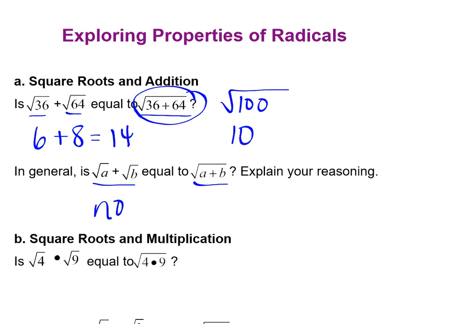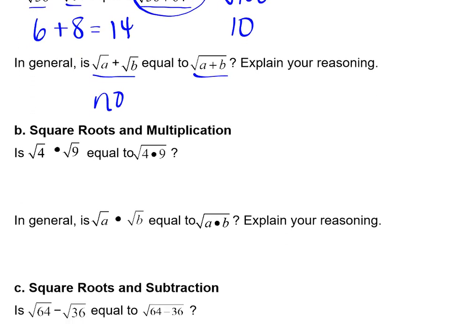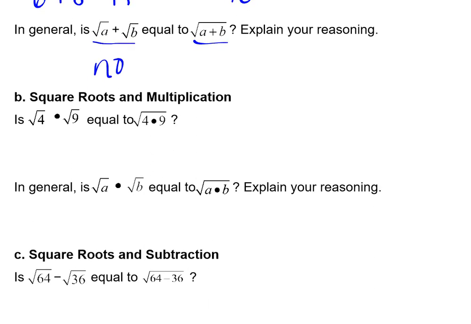Now let's talk about multiplication. Is the square root of 4 times the square root of 9 equal to the square root of 4 times 9? The square root of 4 is 2, times the square root of 9, which is 3, gives us 6. When we do this side of the problem, we multiply what's under the radical first.